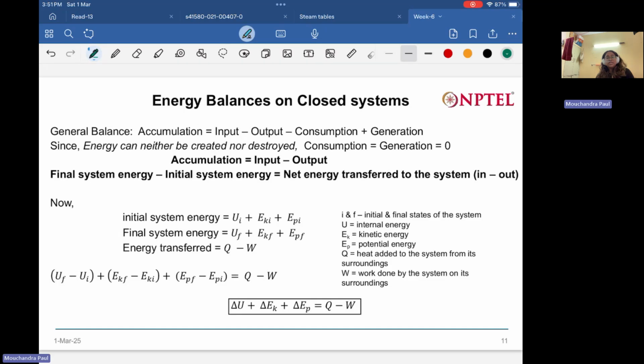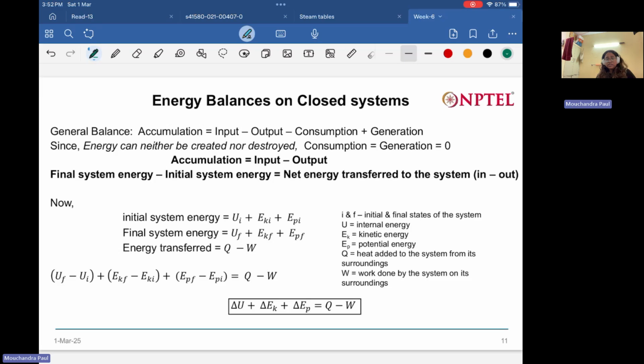So what's the energy balance equation for the closed system? In this one slide, I tried to summarize the way we are going to derive the equation for the closed system. For detail, I would request you to kindly go through this week's video lectures.